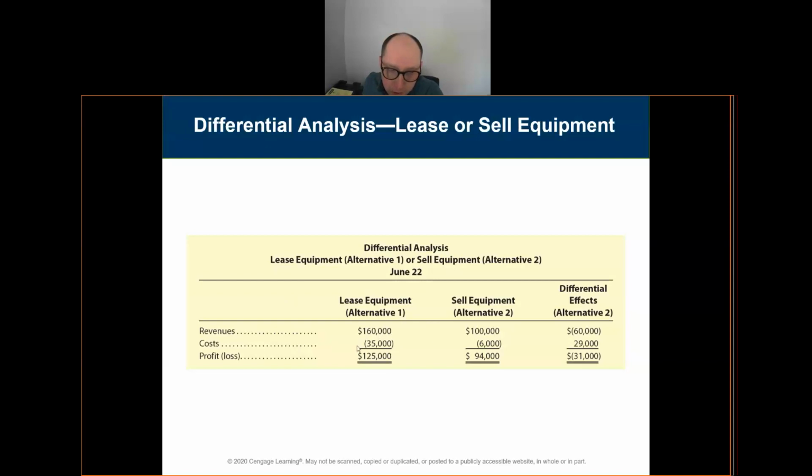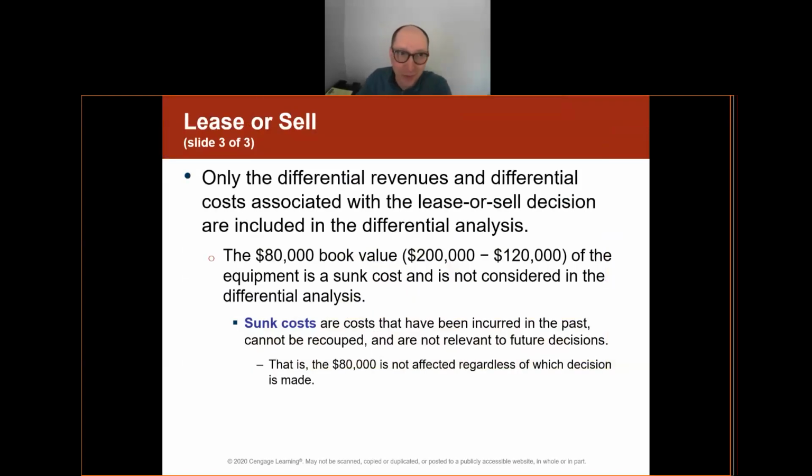Revenue minus cost equals profit. 160 minus 35, 125. 100 minus 6, 94. The higher of the two, the better, right? The higher of the two profits is the one that you go for, because the idea in business is to make the most profit. Okay, so that's lease or sell.